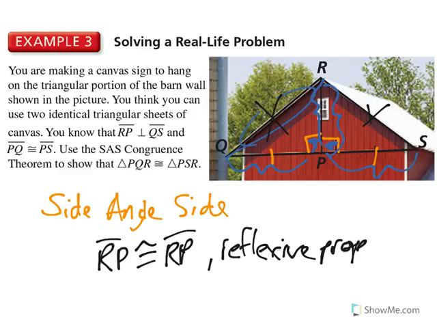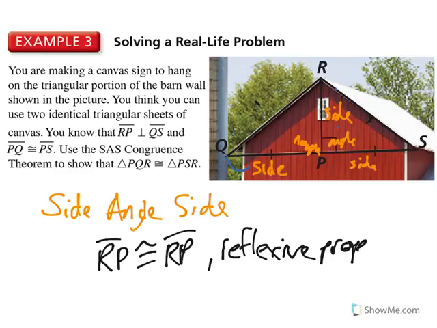The reflexive property gave me a side, an angle, and a side. If you wanted to write it on here, we have a side, then my angle, and then my side again. Over here I'd have the same thing: side, angle, side, in that order.